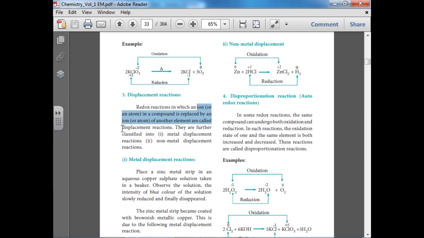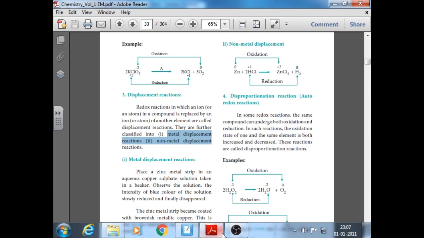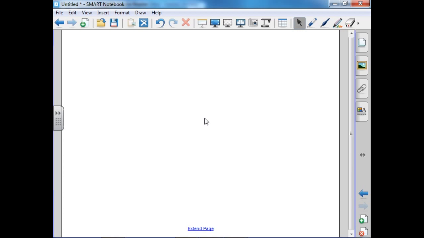It can be further classified into two types: metal displacement and non-metal displacement. What is metal displacement? A metal displaced by another metal is called a metal displacement.